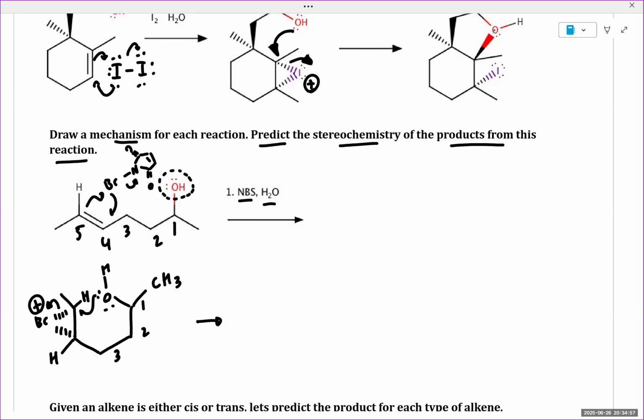From here, after ring opening, we generate this cyclic species here. We open up our halonium ion.